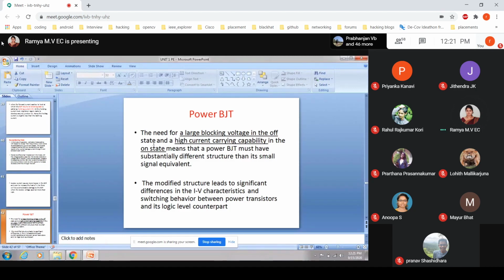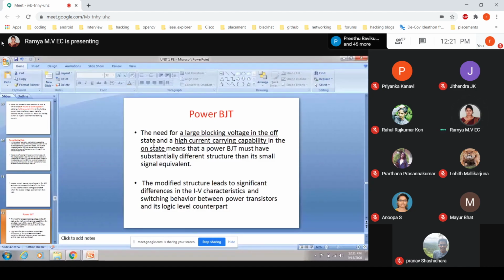A transistor can operate in three modes: cutoff mode, active mode, and saturation mode. Cutoff mode means the transistor will be in an off condition, and both junctions, the two junctions we have in NPN and PNP, will be reverse biased.